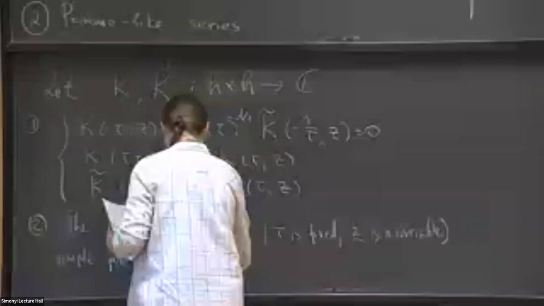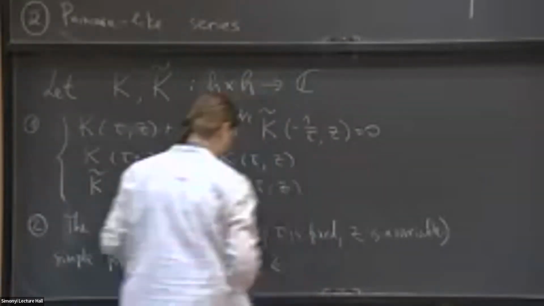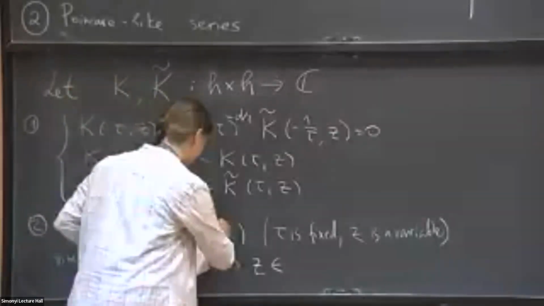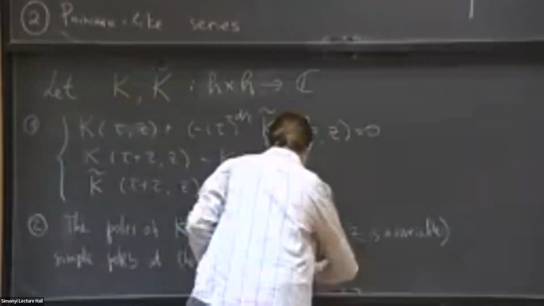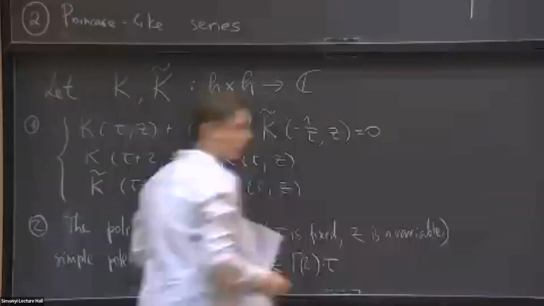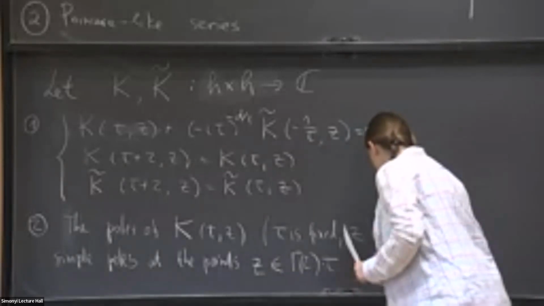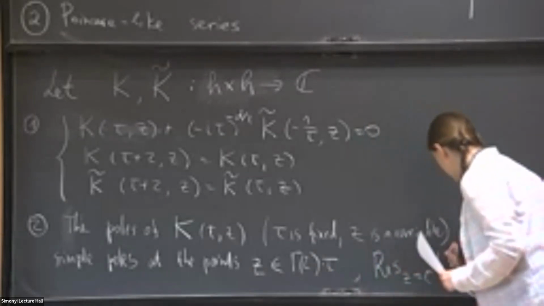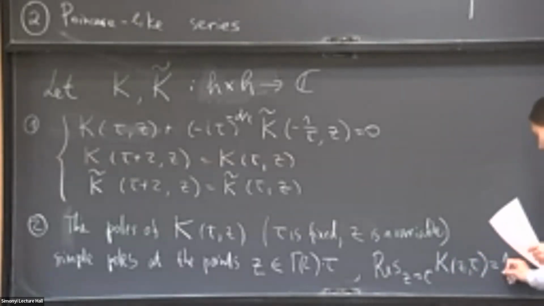We will have poles only at the Gamma-2 translates of tau. Only if z is a Gamma-2 translate of tau are we allowed to have a pole. And we want the residue of this kernel at z equals tau to be 1.